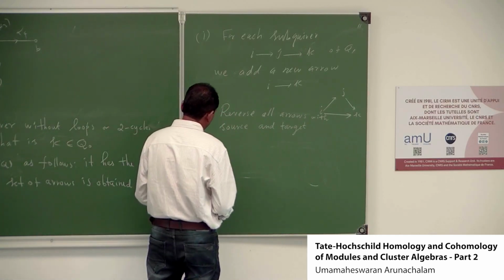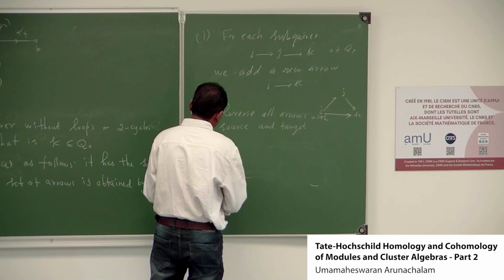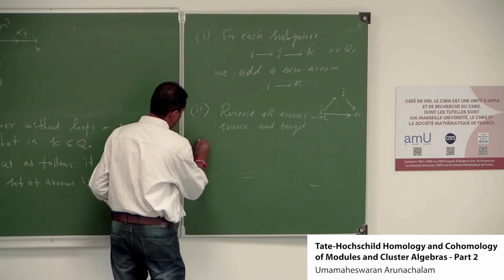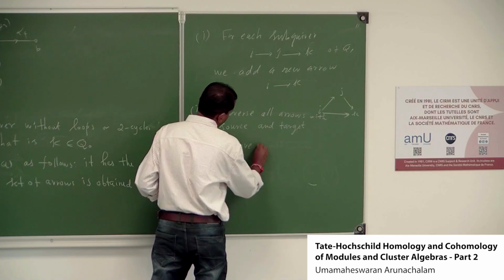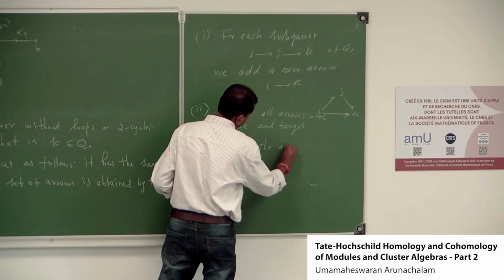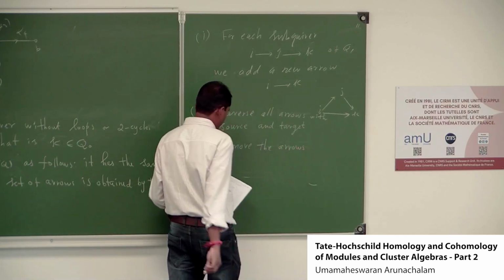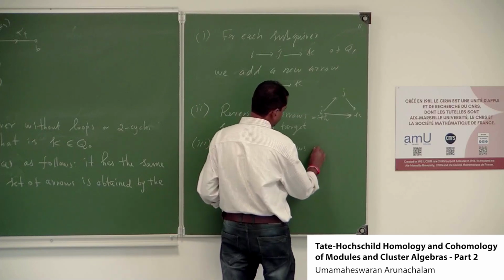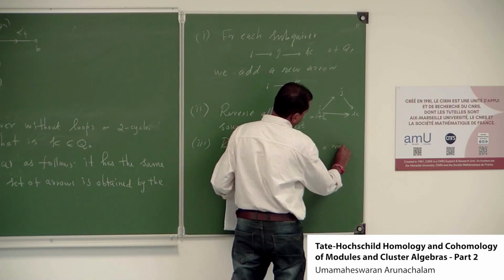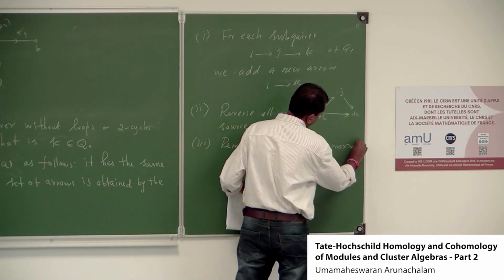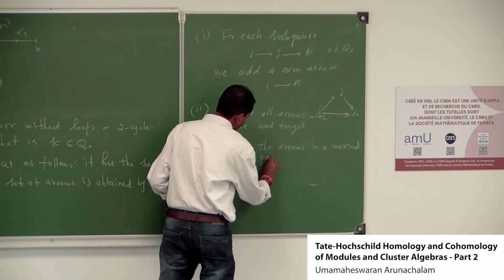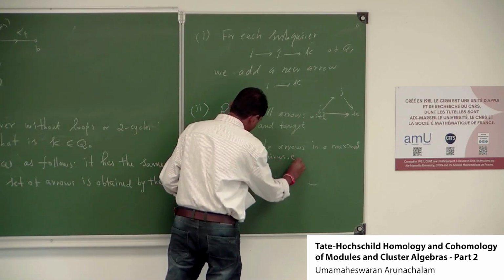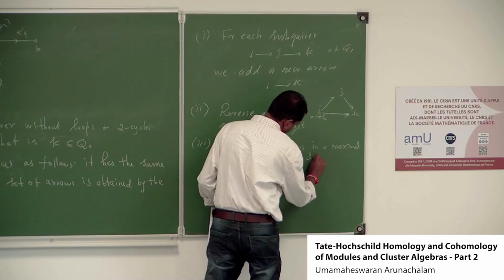And the third one: remove the arrows in a maximal set of pairwise disjoint two cycles.